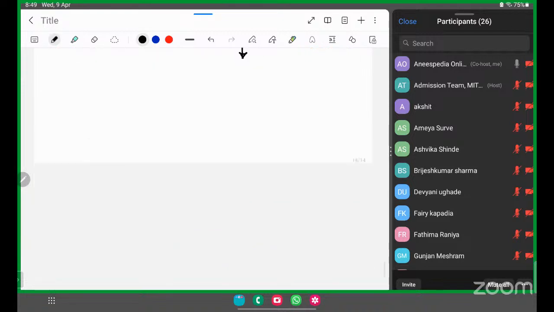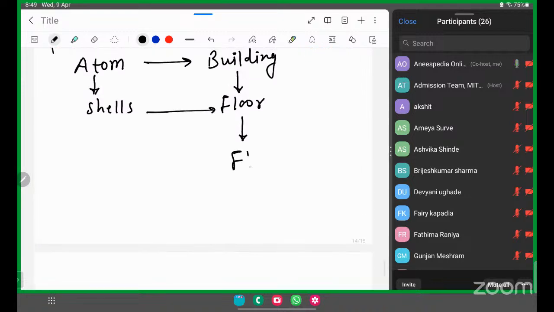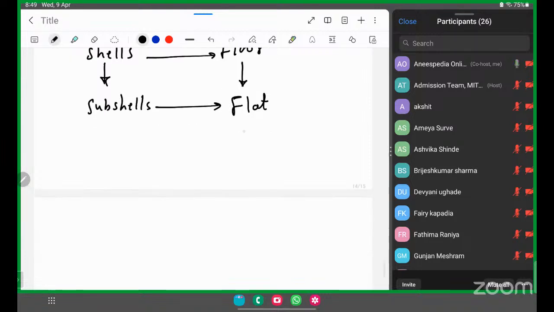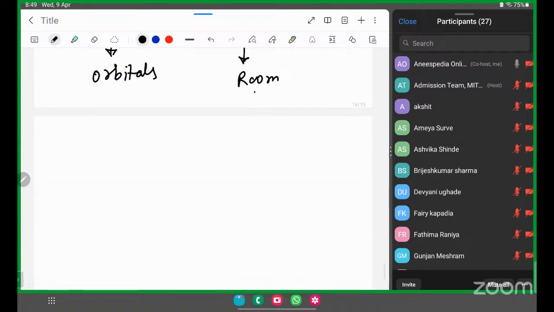On a floor we have flats; in cells we have subcells. In a flat we have rooms; similarly, in a subcell we have orbitals. In a room there will be persons, and in orbitals there will be electrons.